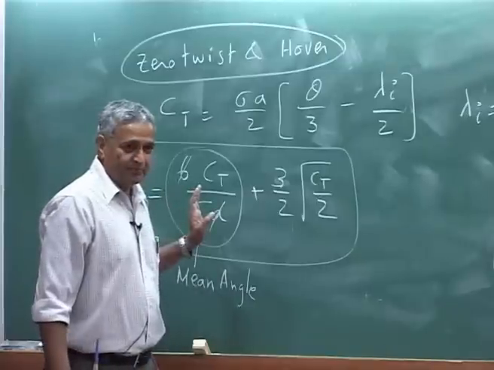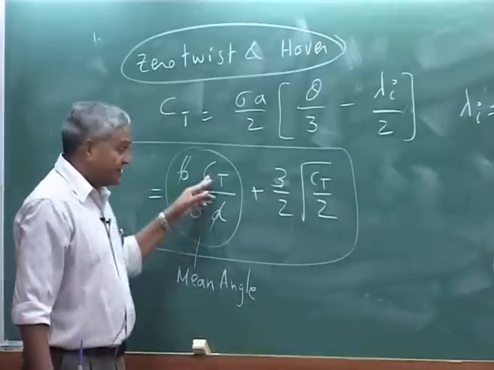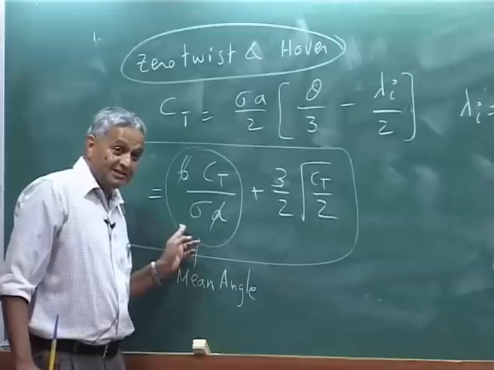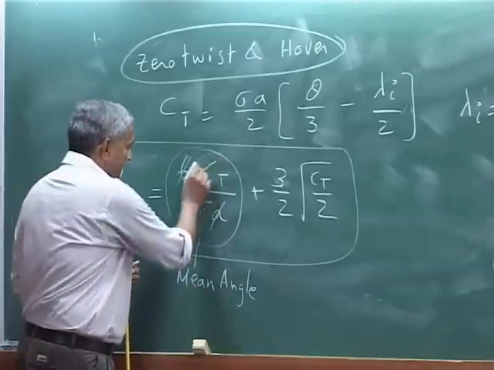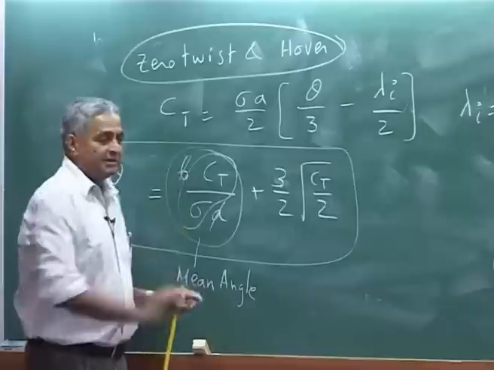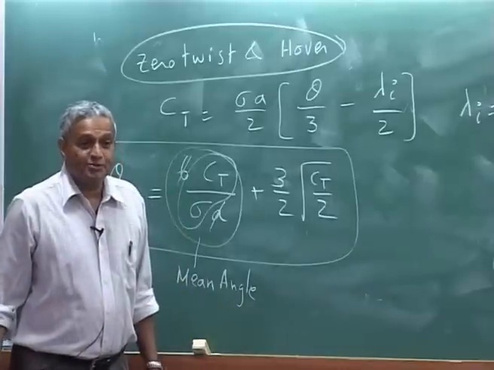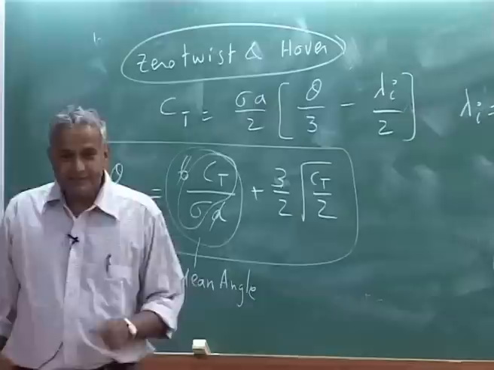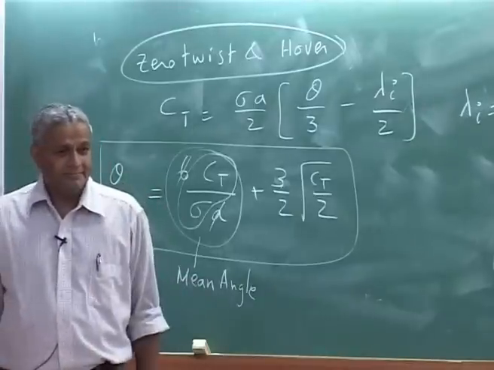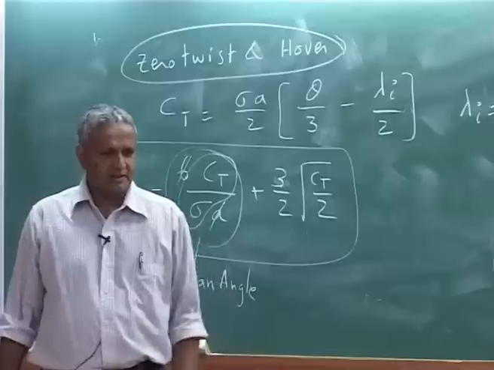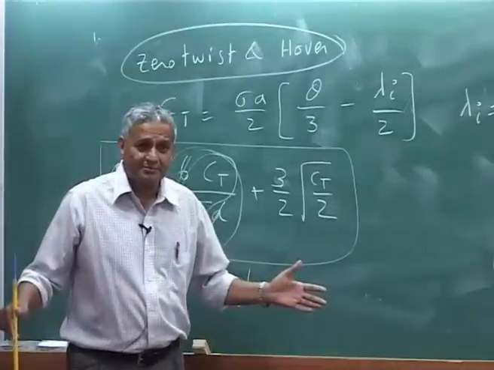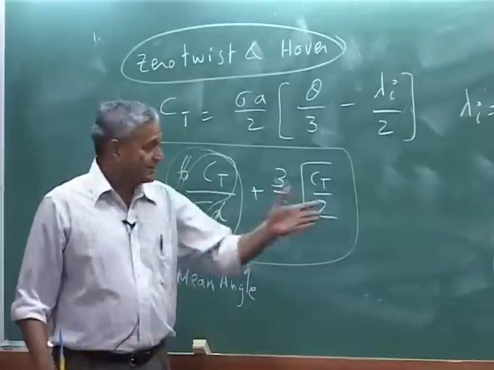Now please understand why this parameter becomes important. Thrust coefficient over sigma gives you the mean angle, approximately, because sigma is Nc over pi r and Ct is the thrust coefficient.